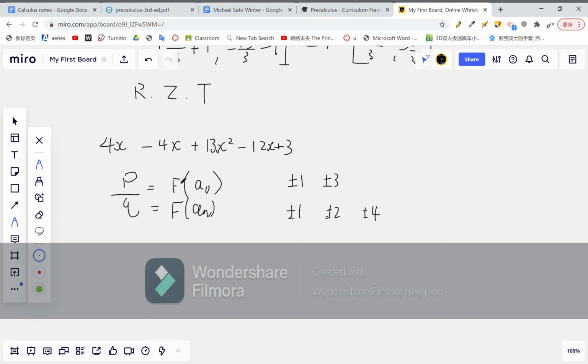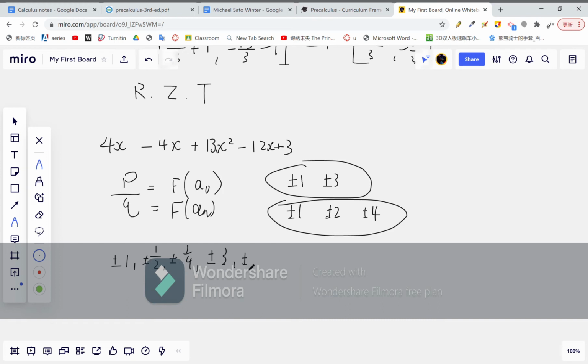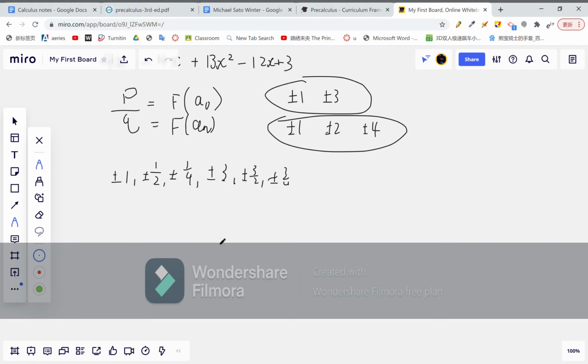Our choices are plus or minus 1, 1/2, 1/4, 3, 3/2, 3/4. These are all, so then we're going to use synthetic division.